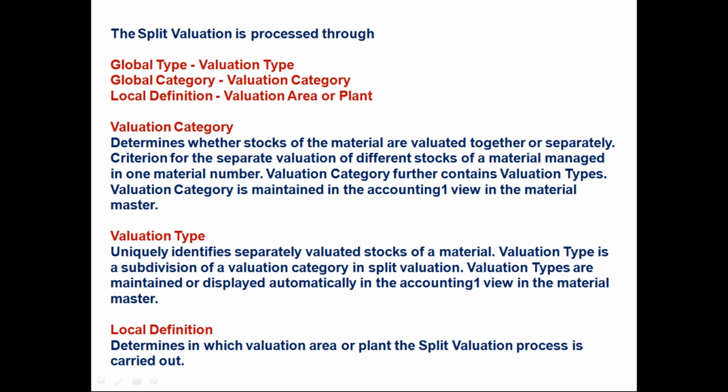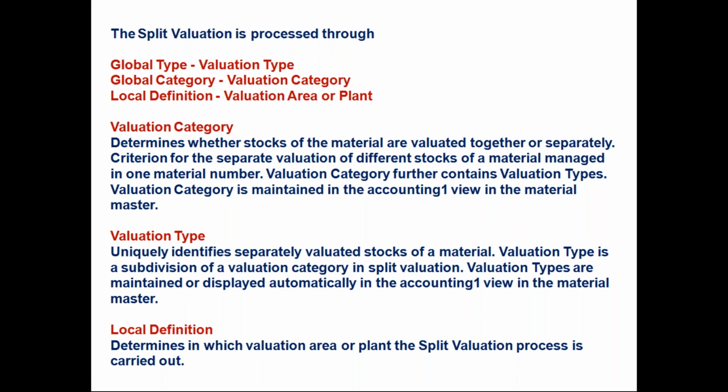So what is a valuation category? The valuation category determines whether the stocks of the material are valuated together or separately. This valuation category is a criterion for separate valuation of the different stocks of the materials managed in a single material master.